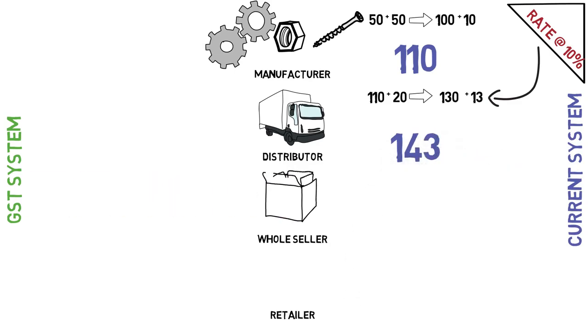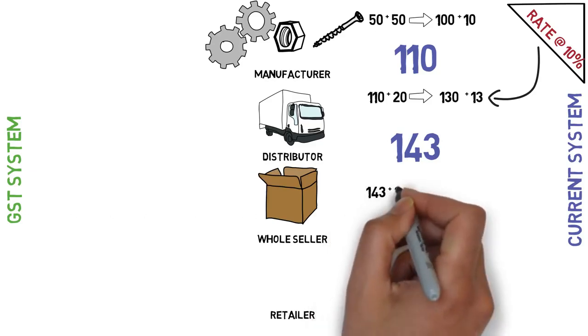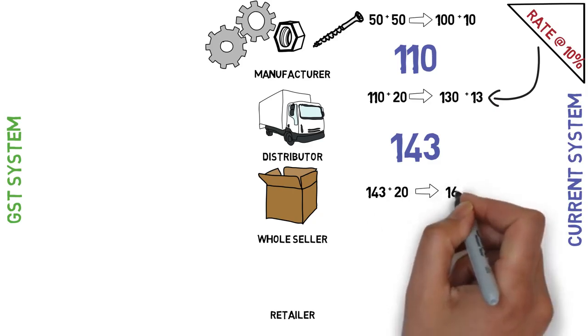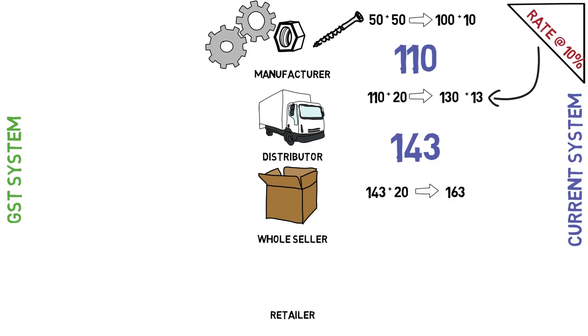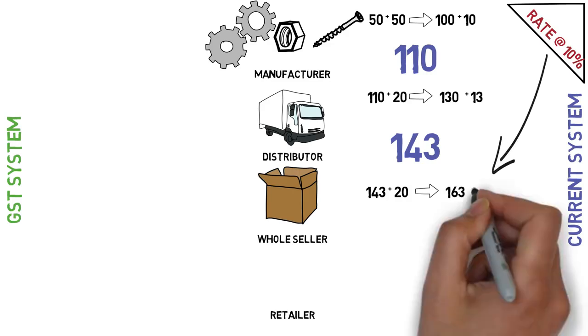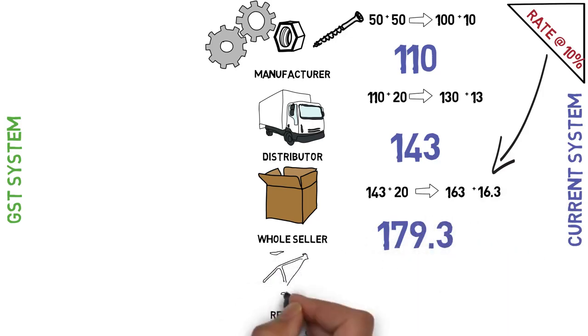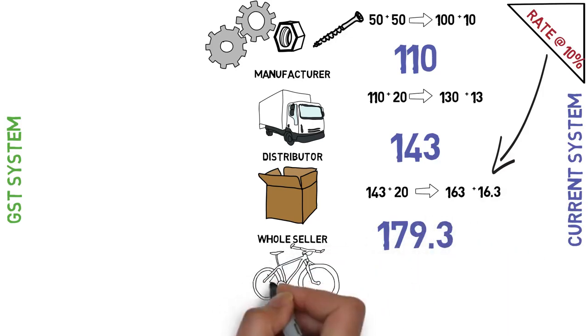Wholesaler follows the same pattern and the price will become 143 plus 20, that is 163, and 10% tax, which is of rupees 16.3, and sells it for 179.3 rupees to the retailer.